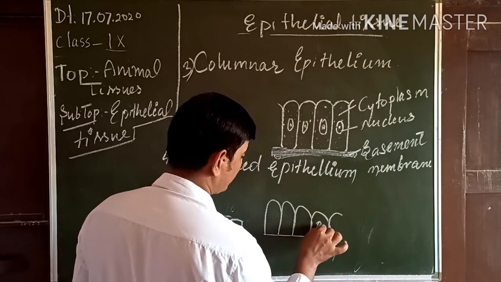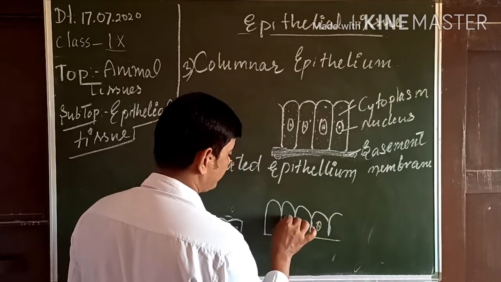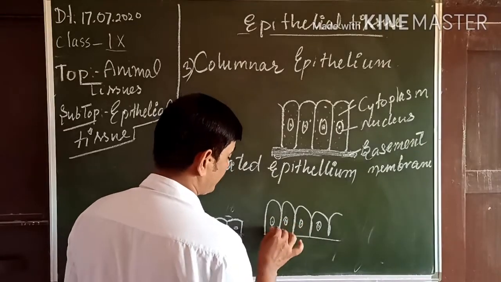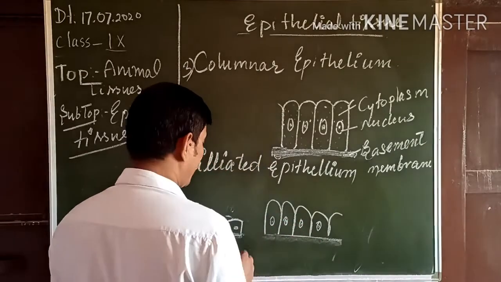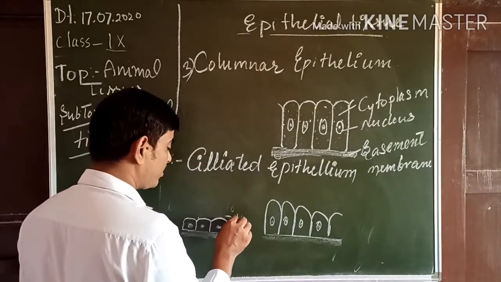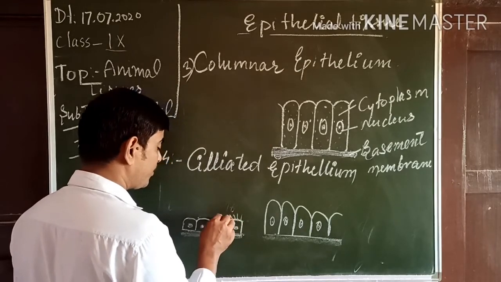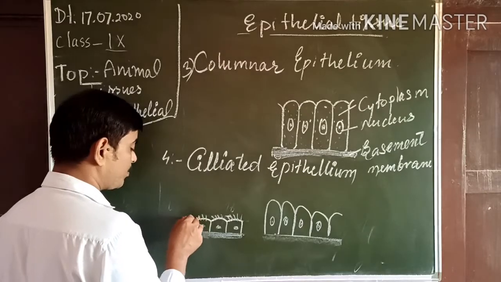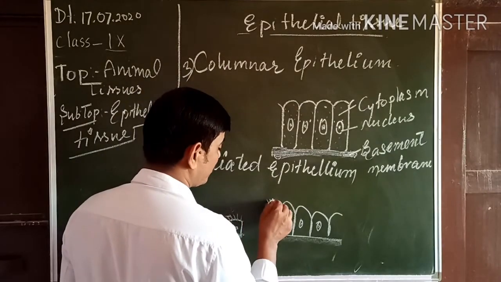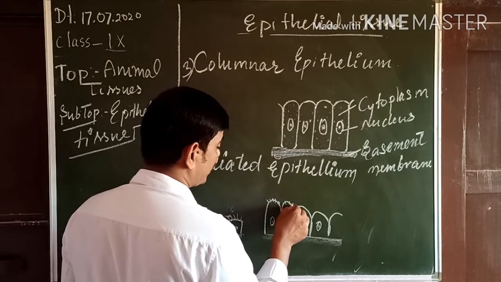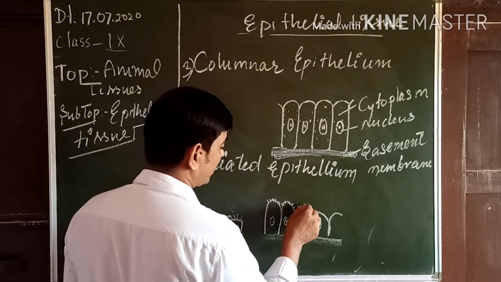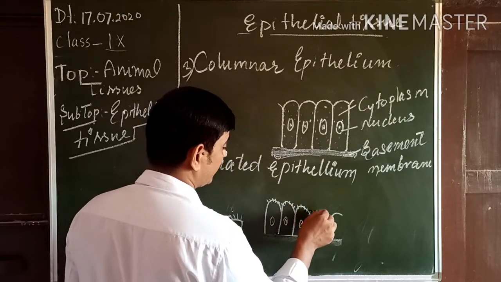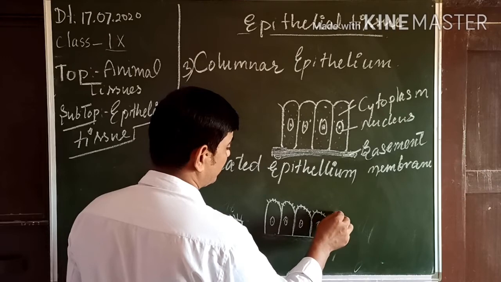In this way, columnar. They have cilia-like structures, small flagellated bodies that help in movement.